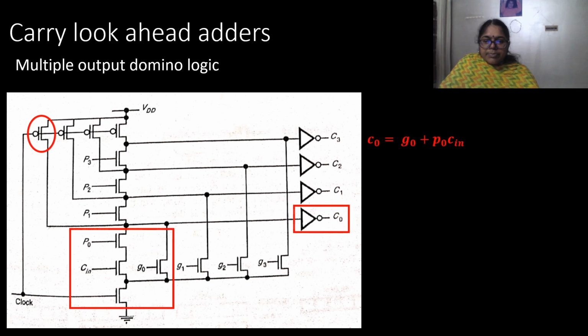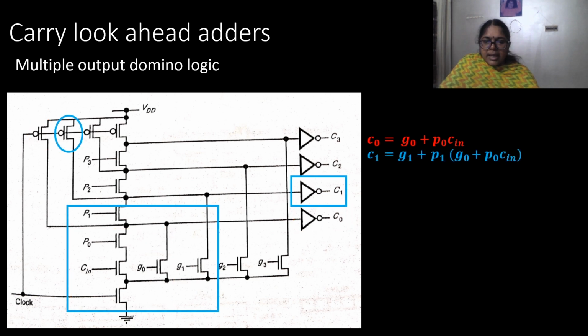So first you have P0 Cin plus G0, that is P0 and Cin in series and G0 in parallel, and you have this particular PMOS transistor connected. So this PMOS transistor connected with P0 Cin plus G0, at this particular point we get C0 bar, so output of NOT gate will be C0.